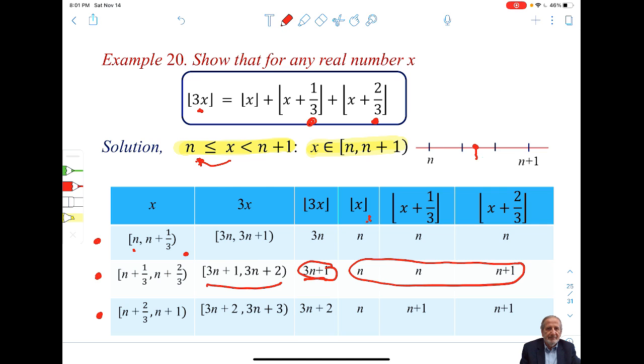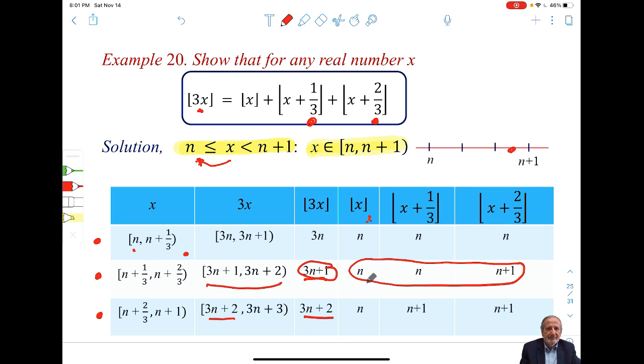Now the last case now. The last case, x is here. Okay, so you multiply by 3, you get this. Now the floor function of 3x is 3n plus 2, see?